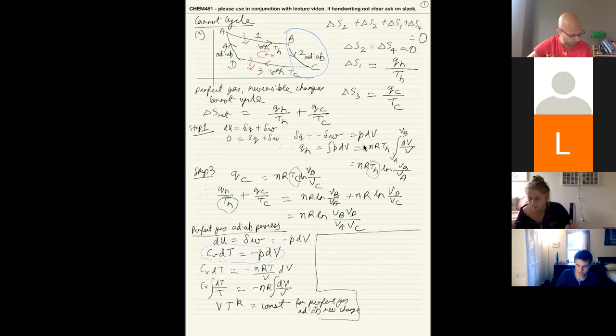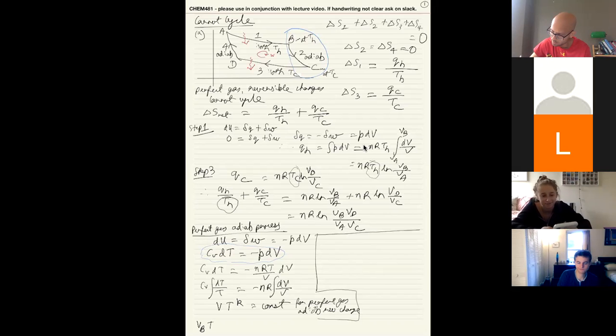So what does this mean for us? V T to the power k is equal to constant along an adiabatic process. So if we look, we have two adiabatic processes, BC and AD. Along BC, it means that VB TH to the power k, what is the temperature at B? The temperature at B is TH, right? This is at TH and this is at TC.